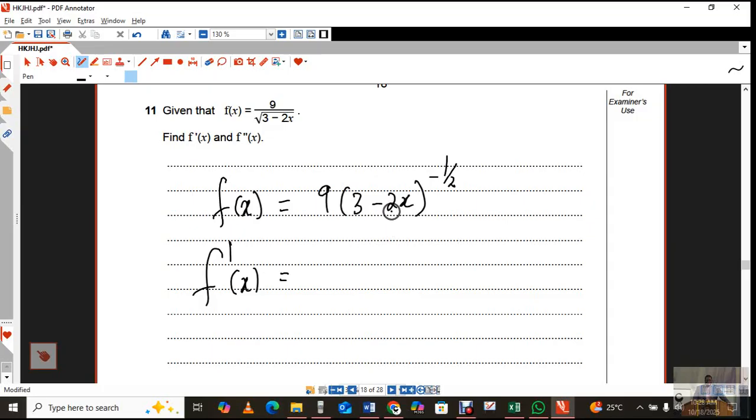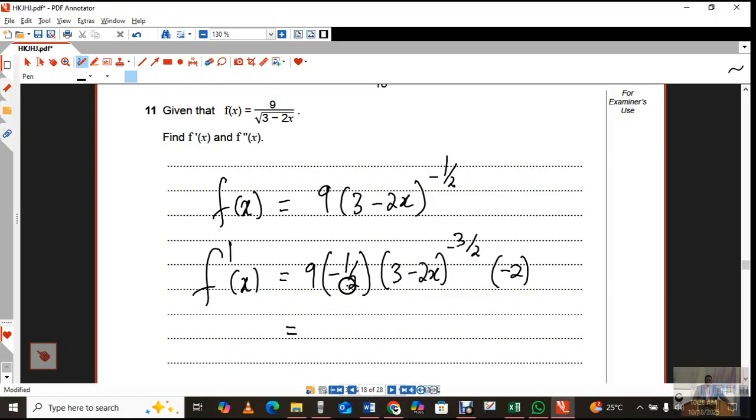So first of all, we have this 9, we're going to multiply that by negative a half, and we keep the 3 minus 2x, so the power decreases by 1. Negative 1 over 2 minus 1 is negative 3 over 2, and then we multiply that by the derivative of the inside, which is negative 2. Okay, let's clean this up.